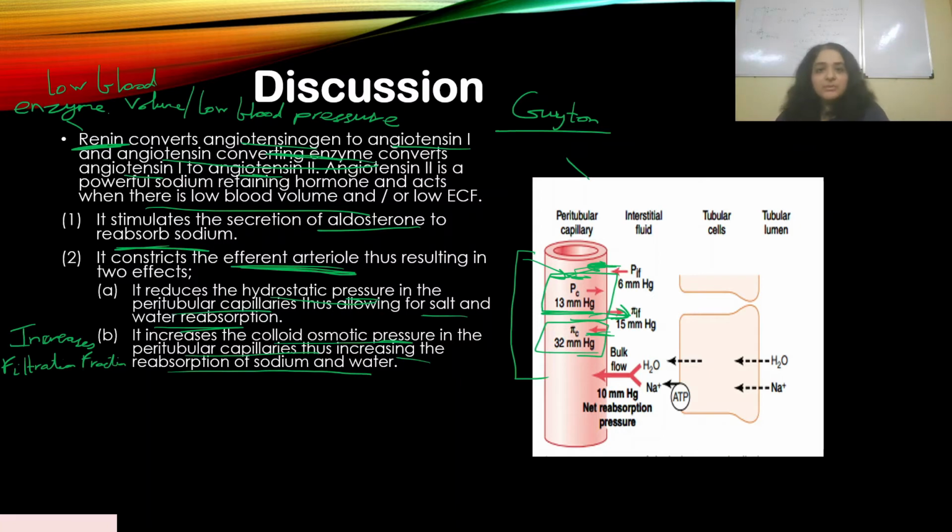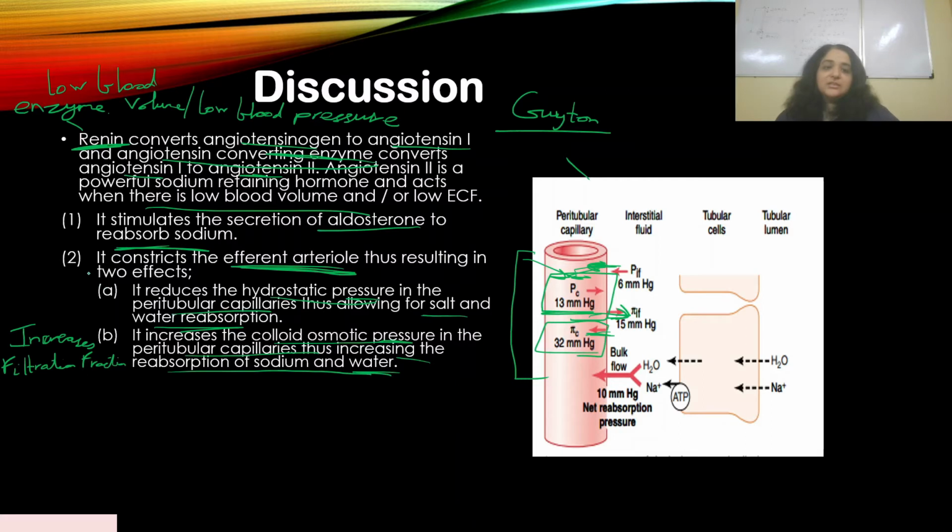There is more than normal plasma filtered through the glomerulus. So what does that do? The efferent arteriole, the blood that is going out, contains a high concentration of salt, and that allows for water reabsorption to happen. That is how the blood colloid osmotic pressure increases. It allows for reabsorption of sodium and water to happen.